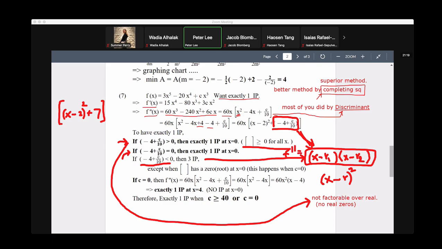So in this case, the question is, how many inflection points do we have? Then we have x to the first power here, and then we have x minus r to the first power here, and x minus r to the first power here. So when this guy is less than 0, how many inflection points do we get? Can you tell me?